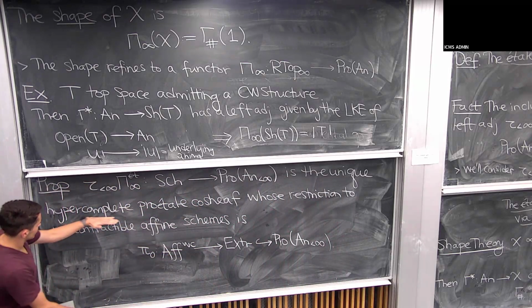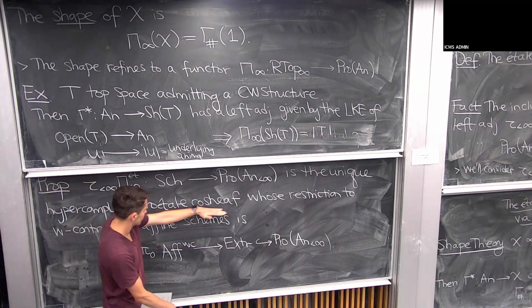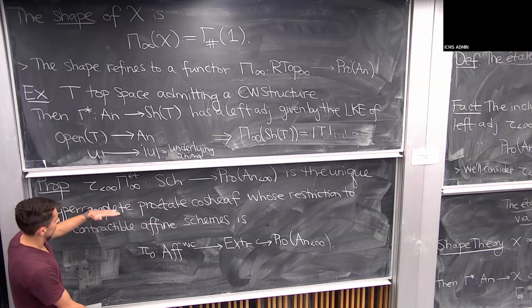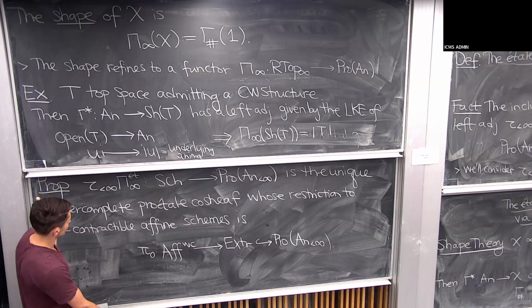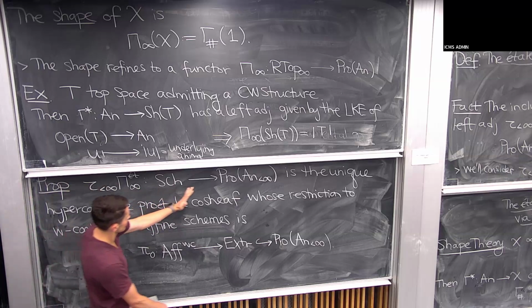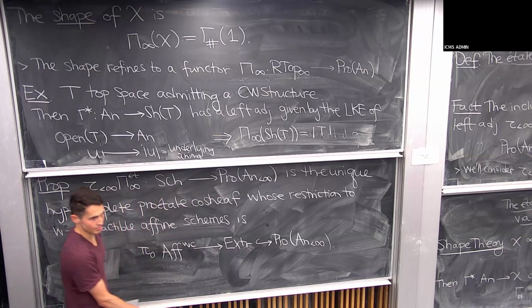And so this hypercomplete proétale co-sheaf, what does it mean? It means that if you find a hypercover of your scheme in this proétale topology, then you can write this invariant as a colimit in here of the terms in the hypercover.